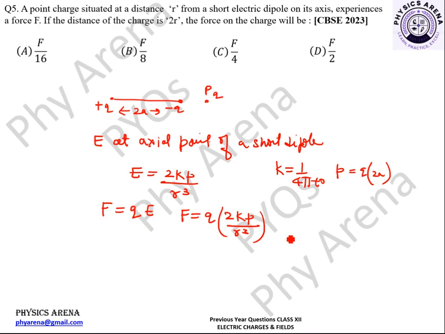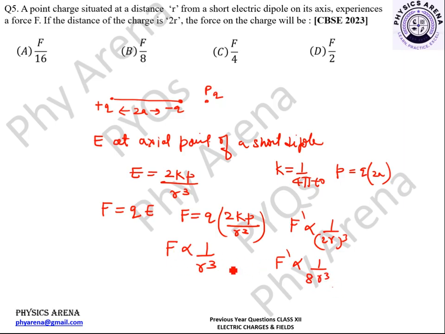Electric dipole moment is P. Now we can see from this that F is proportional to 1 upon r cube. So this is the value of F when the distance was r. Now F dash is proportional to 1 upon (2r) cube. So we can write, F dash proportional to 1 upon 8 r cube.